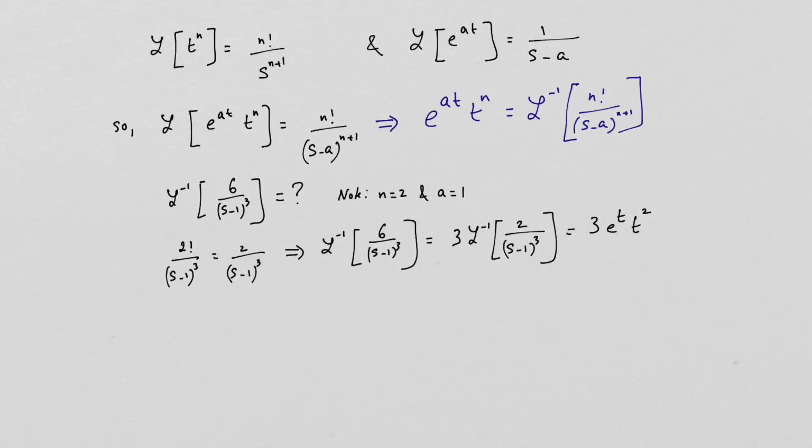Okay? So I have this. So I can write it like this. So you get e to the 1t times t squared, because n is 2, and the 3 just dragged itself, and I already know my solution. So there is no need.